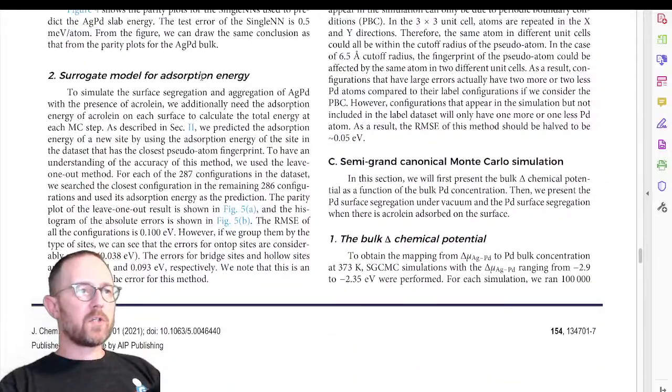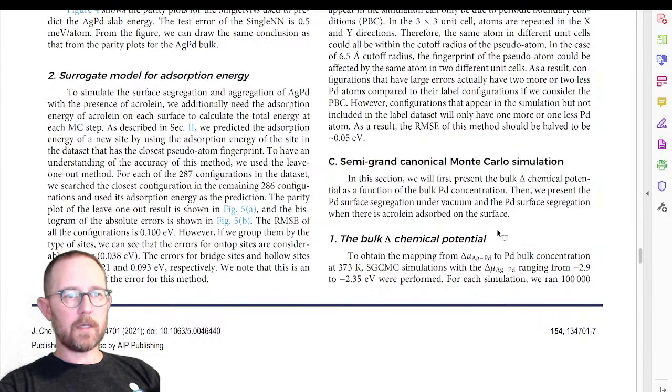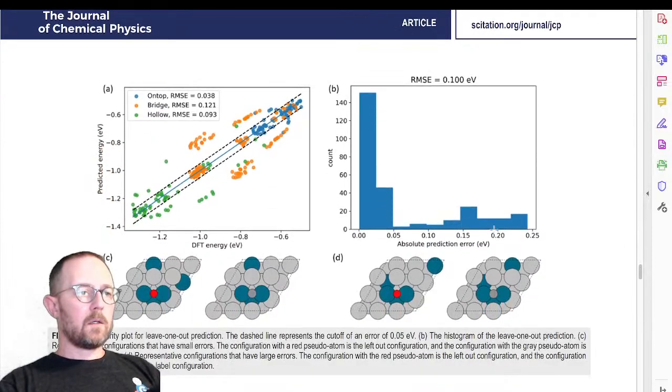For the absorption energy, we did something a little bit different, but I'm going to skip that until that figure comes and get to what the bulk chemical potential ideas mean. And now that I said that, here is the absorption energy model.